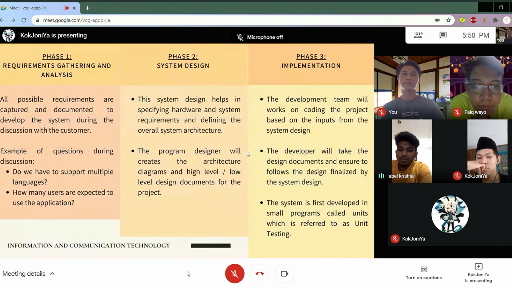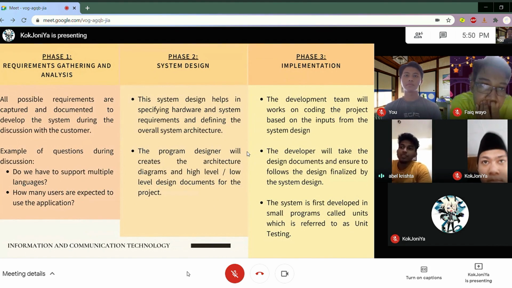Hi, I'm Abel and I'll be continuing from here, explaining the waterfall model phase by phase. The first one is requirement gathering and analysis. All possible requirements are captured and documented during the discussion with the customer. Example questions during discussion: do we have to support multiple languages?